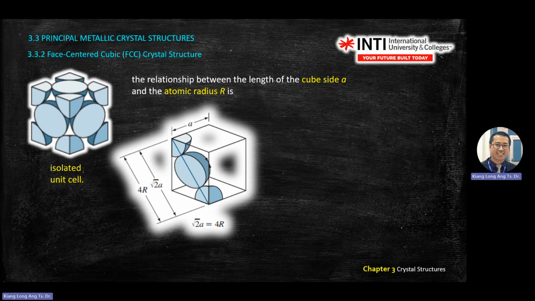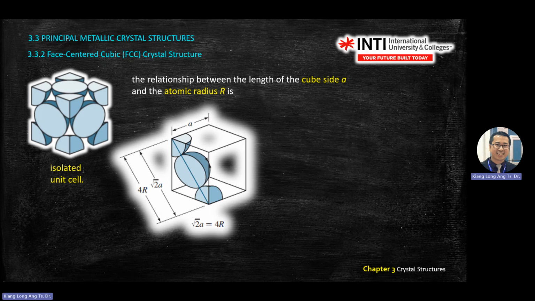Let's say I put x squared equal to a squared plus a squared, by using the Pythagorean theorem: c squared equal to a squared plus b squared. So it equals the square root of 2a squared, so it becomes square root of 2 times a. You should be able to understand how to get that.